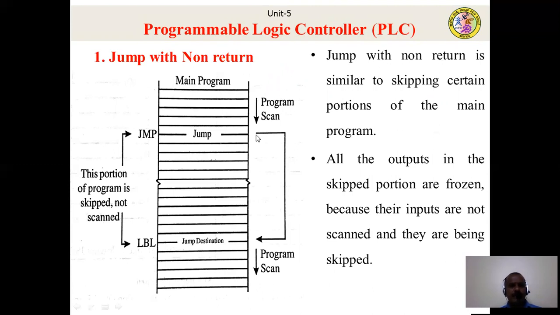Jump with non-return is similar to skipping certain portions of the main program. All the outputs in the skipped portion are frozen because their inputs are not scanned and they are being skipped.